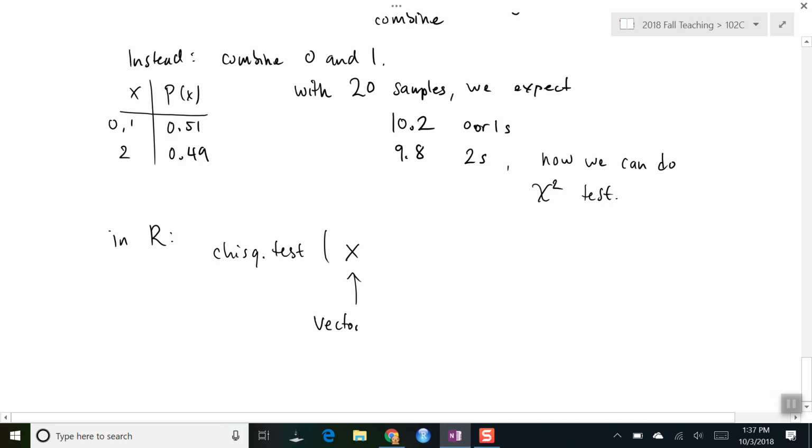And the important thing is, what you have to do is write chisq.test, and then this is the vector of observed counts.